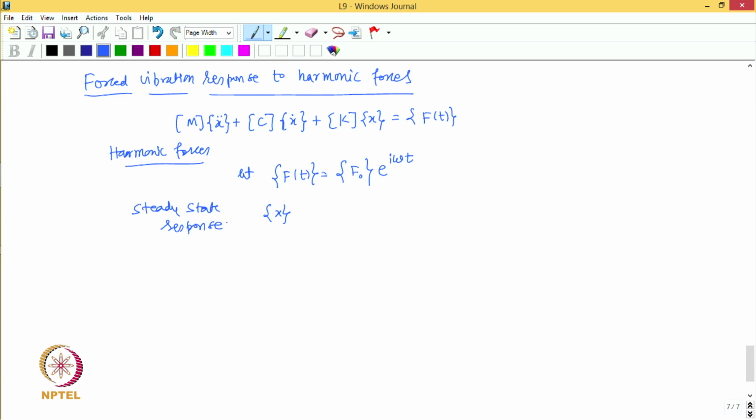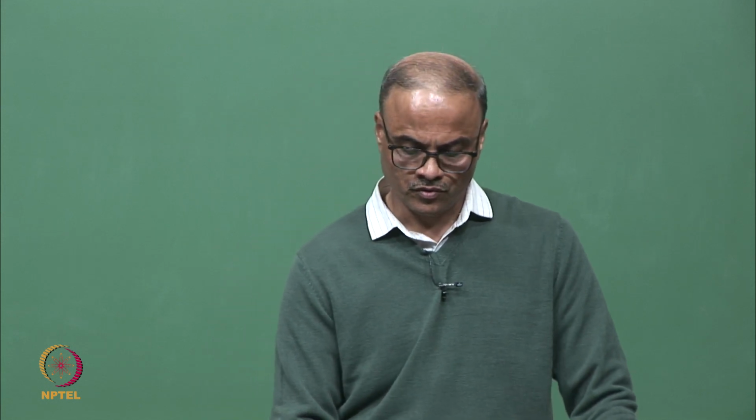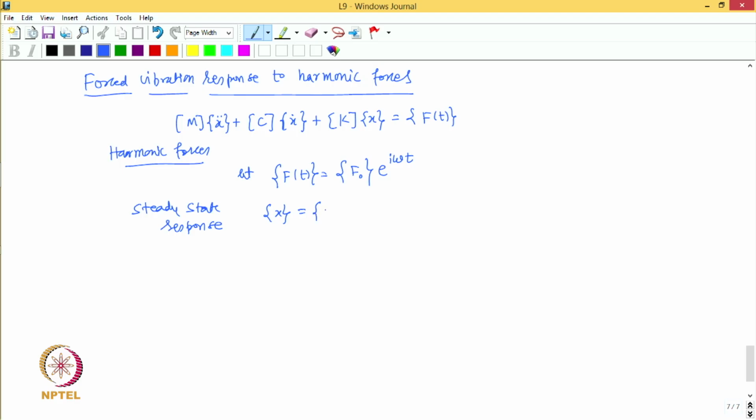The total response would consist of the complementary function and a particular part. The particular part is nothing but the steady state response. So, let us first of all find the steady state response, or the particular part of the solution. This we can assume as x naught e to the power i omega t. Because the frequency of the force is omega, the corresponding steady state response will also be at the same frequency omega, and hence we are making this assumption of the solution.